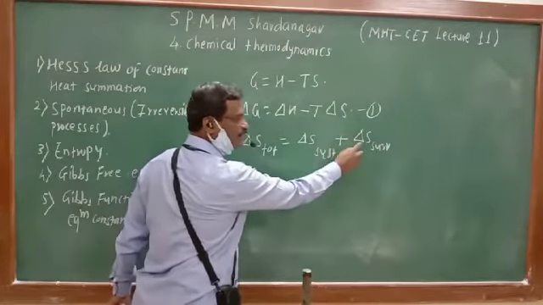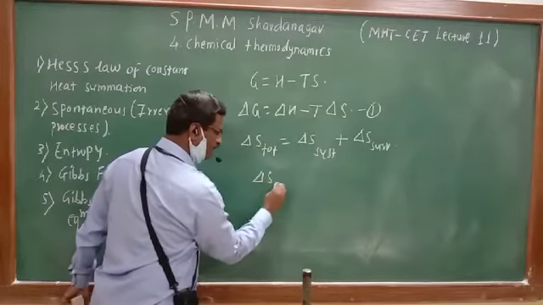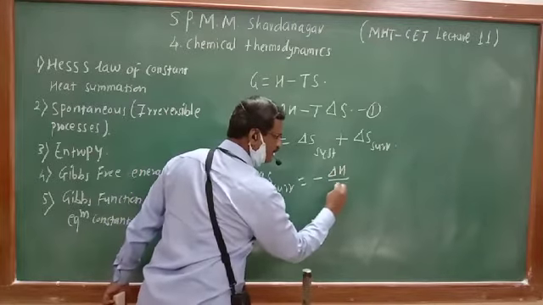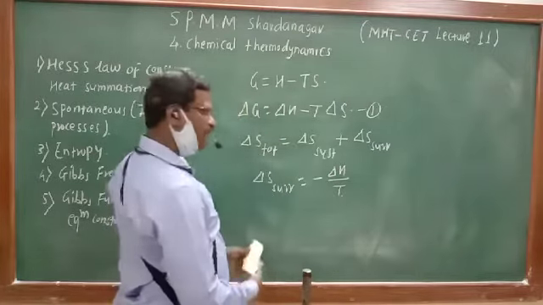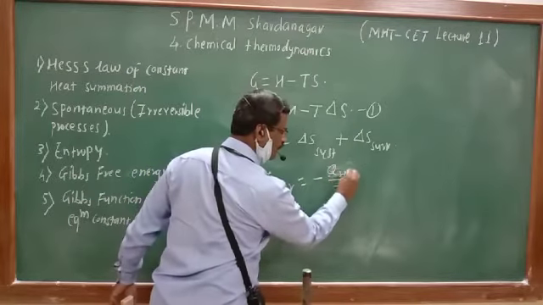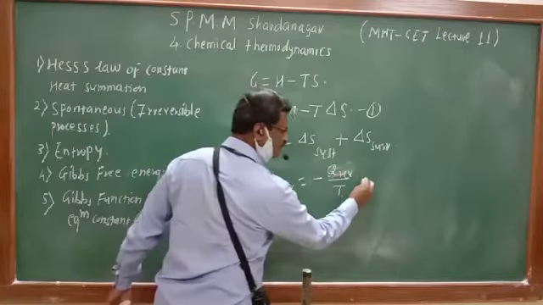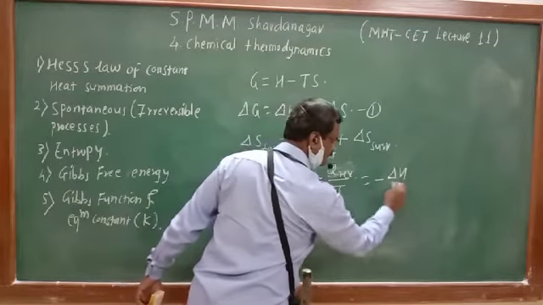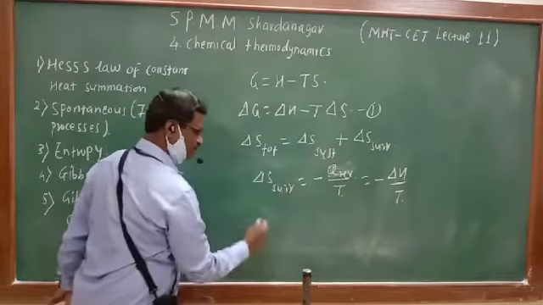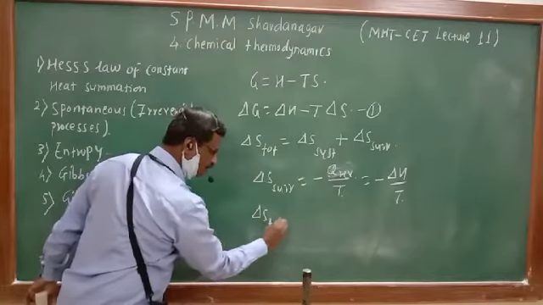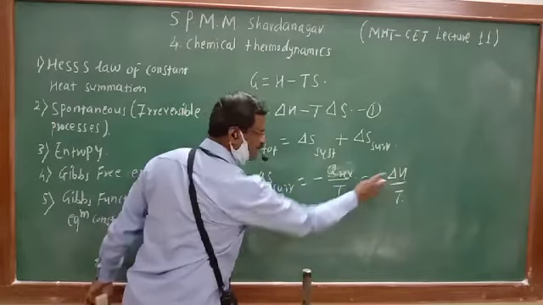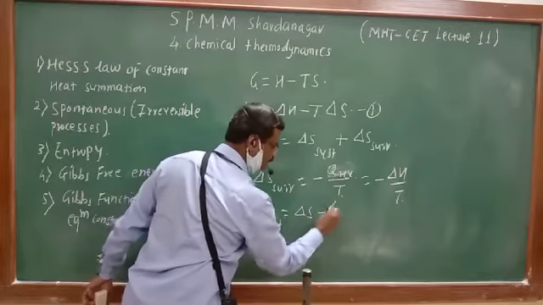Delta S of surrounding is considered to be minus delta H upon T, or it is nothing but minus Q reversible upon T, and Q is heat absorbed, therefore minus delta H upon T. So substituting this in this equation, it becomes delta S total is equal to delta S plus minus delta H upon T.